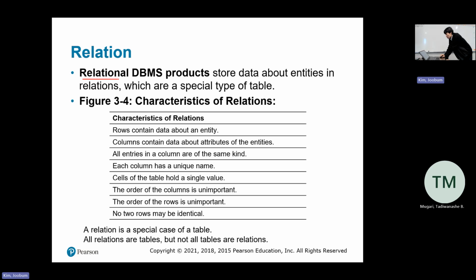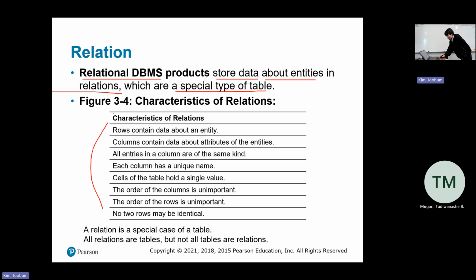Before that, relational DBMS products store data about entities in relations. So a relation is a special type of table. In order to be a relation, these eight characteristics should be satisfied. The rows contain data about an entity, columns contain data about attributes of the entity, all entries in a column are of the same kind, and so on.